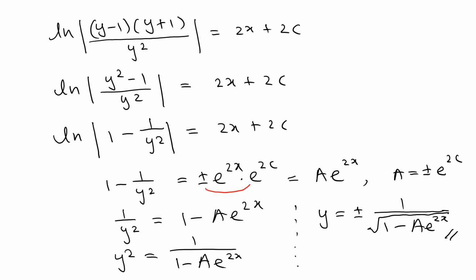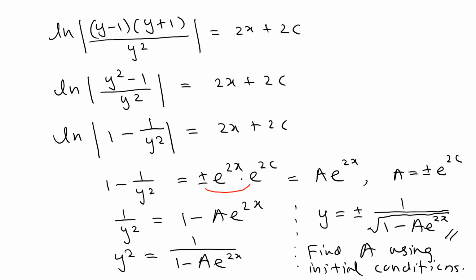And how do you know a? You find a using initial conditions. The initial conditions can also tell you which sign to pick, whether it's a plus sign or minus sign. So that's how you solve the problem.